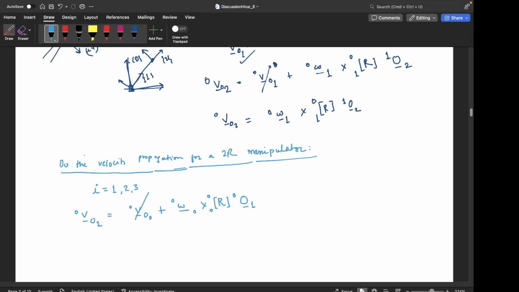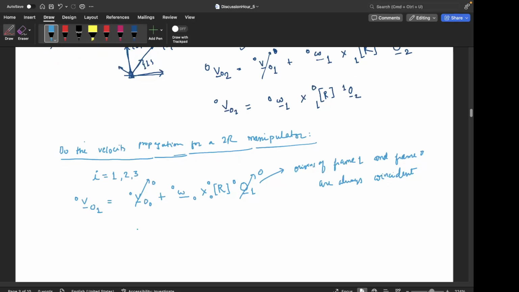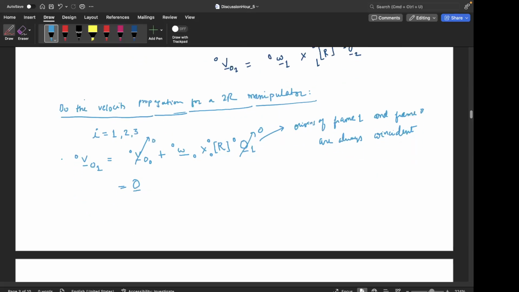Here all these are 0. The origin of the base frame is fixed, so it's not moving. The origins of frame 1 and frame 0 are always coincident. So this entire thing is a 0 vector. So the first frame is done.